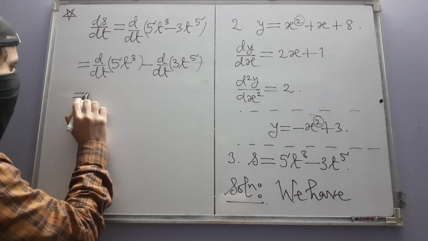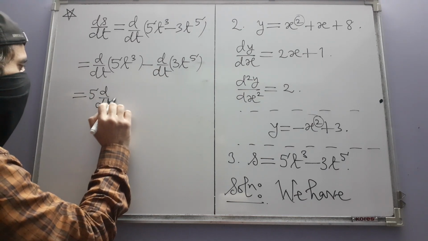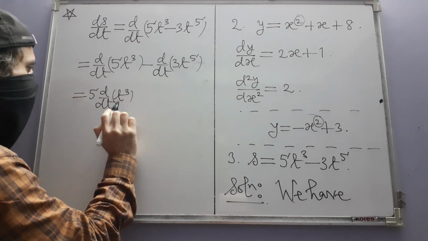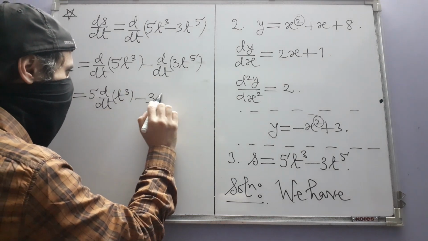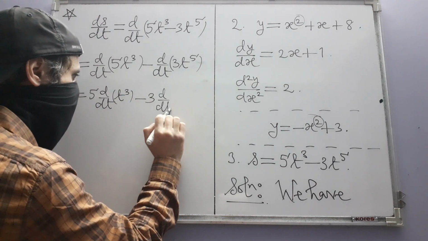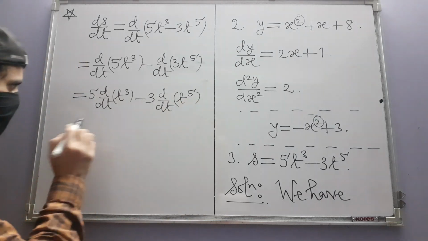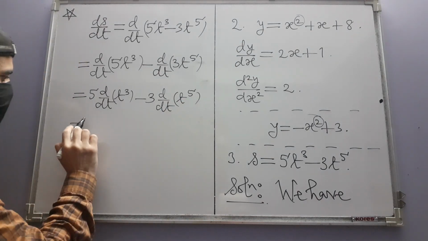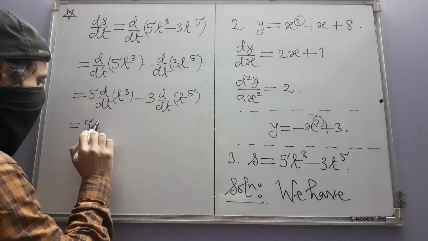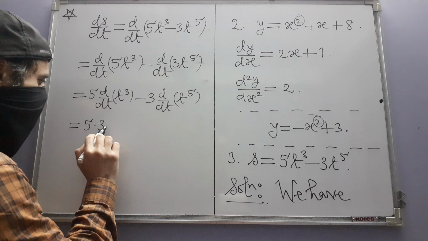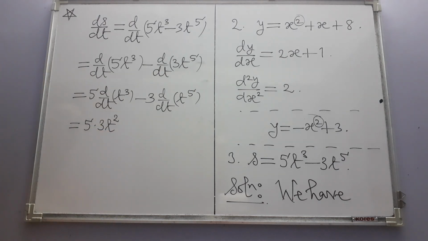So 5 comes outside, and here also 3 comes outside and gets multiplied with minus 1, becomes minus 3. And then you just have to use the power rule. So the exponent will come first and then it will get reduced by 1.